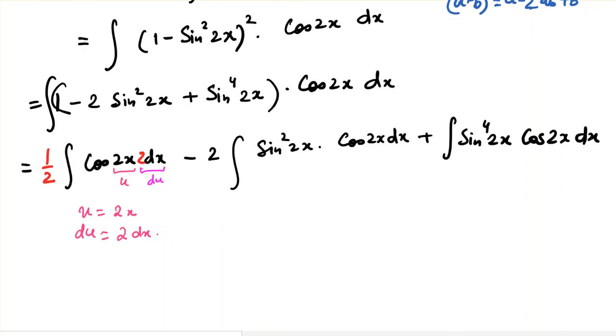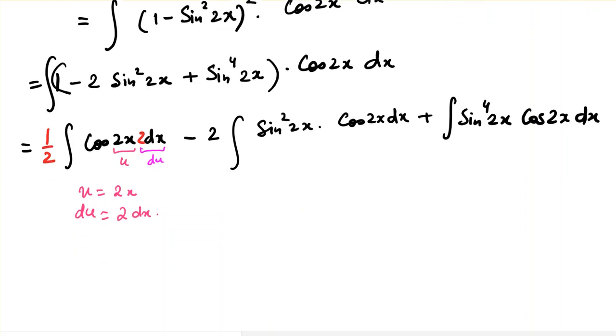So we know that the integral of cosine is sine. So in this case, we get half sine of 2x, or sine of u, which is sine of 2x. Similarly, in the second one, we can think of u as sine 2x.